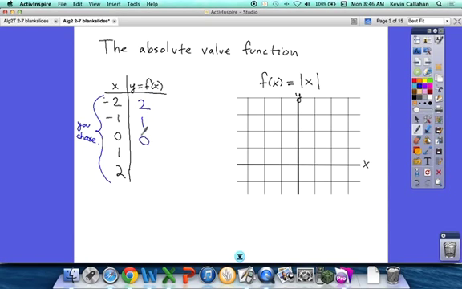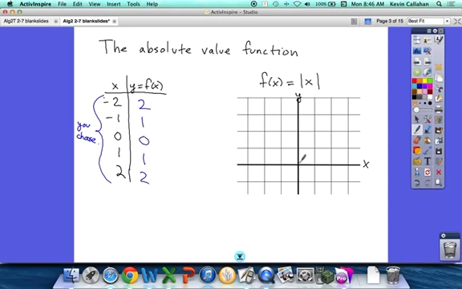What do I get when I put in +1? 1, right? And be careful in the way you say it: it doesn't flip the sign. It makes everything positive, which means it doesn't change the sign for positive numbers, just for negative. So those are 5 ordered pairs that we can graph and see whether we can determine the shape of the graph of an absolute value function.